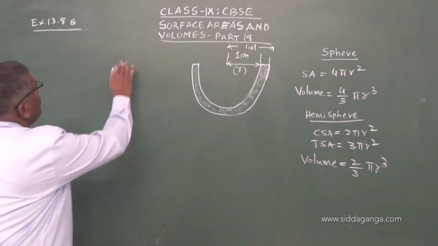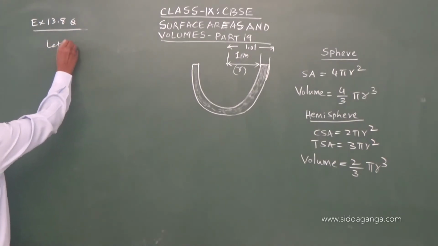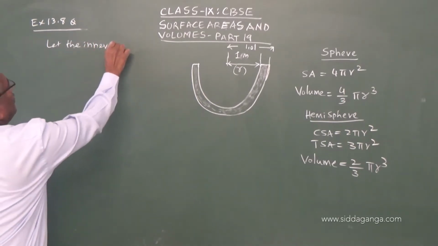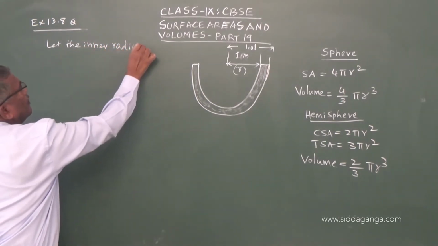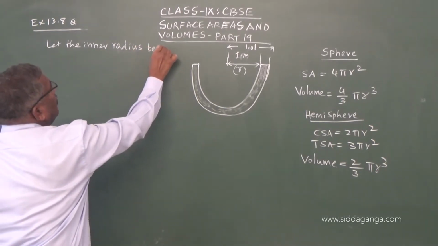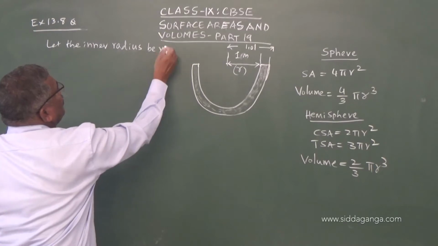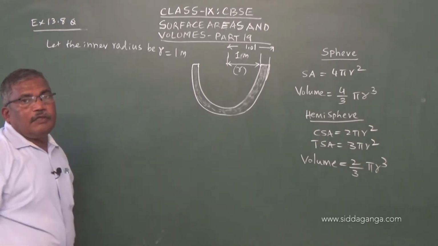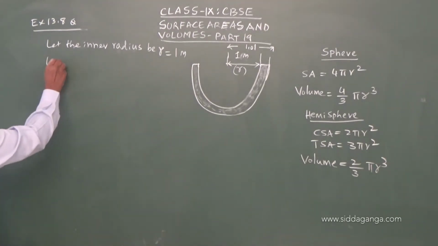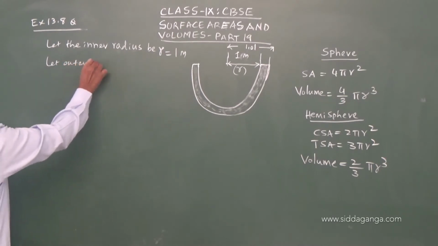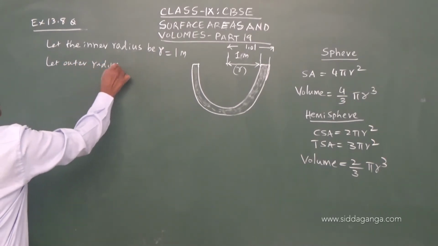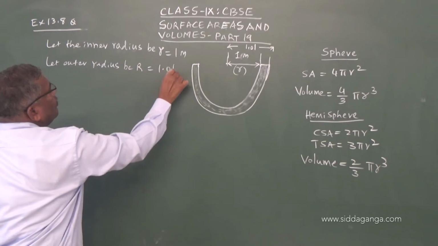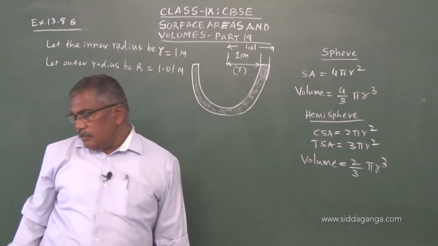So let the inner radius be r, that equals 1 meter. Let the outer radius be capital R, that equals 1.01 meter.